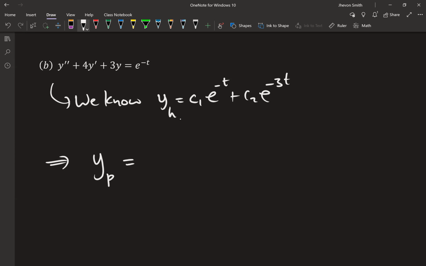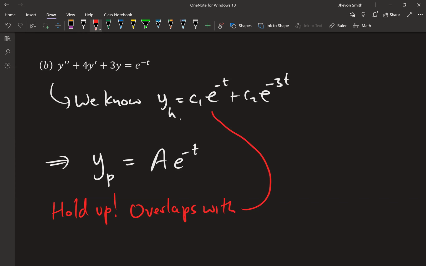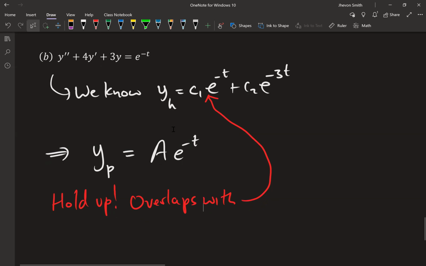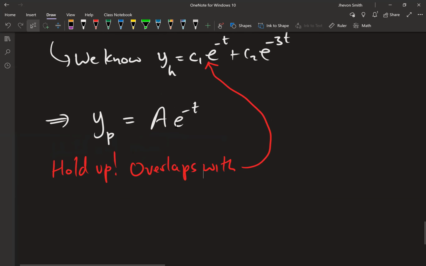Right, I would guess A e to the minus t, right? But now we go, hold up. There's an overlap here. That is also a constant times e to the minus t, which means my yp is not good enough. It overlaps with the homogeneous solution.